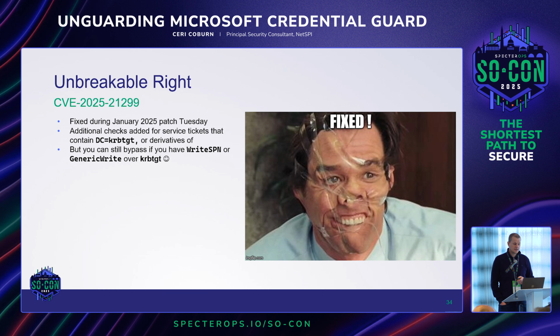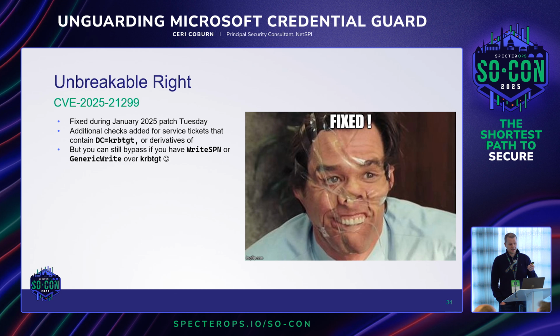So this was fixed in January 2025's Patch Tuesday. What Microsoft decided to do was just simply add further checks for the common name within the service ticket that comes back. They also check for derivatives of that as well, so it strips out spaces and anything like that. So basically, also now if you have, there's a typo there, that should be CN, not DC.